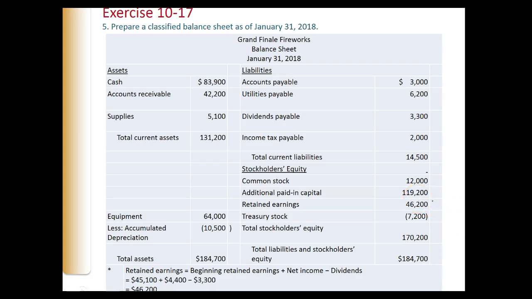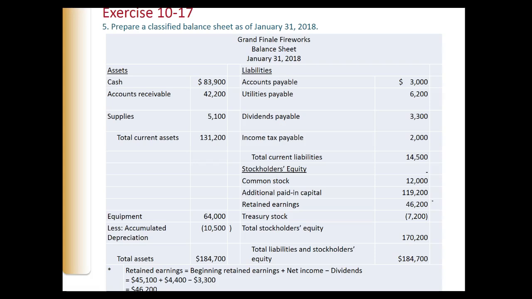You see our total assets equal our total liabilities plus our stockholders' equity. As you note in here, since we have treasury stock, you see it's a negative balance here in the stockholders' equity section. It reduces stockholders' equity.